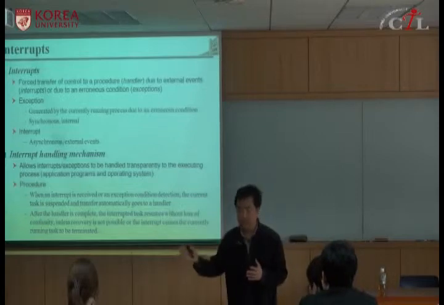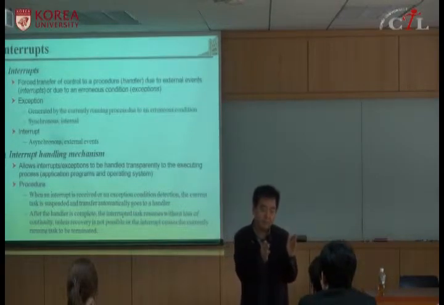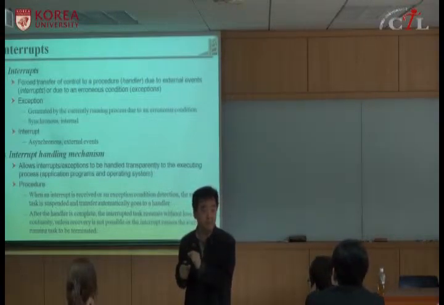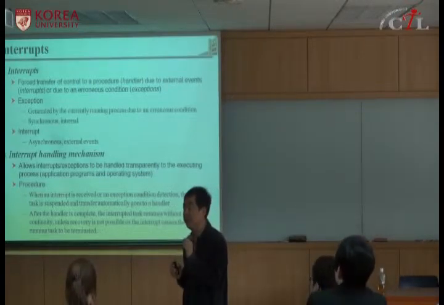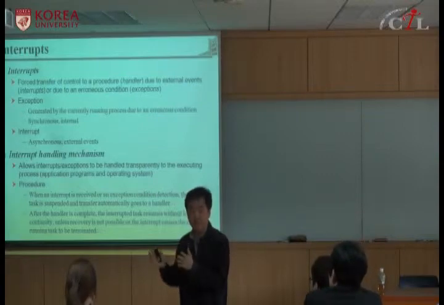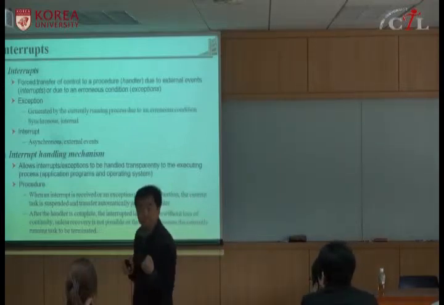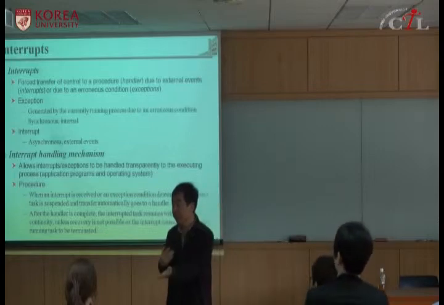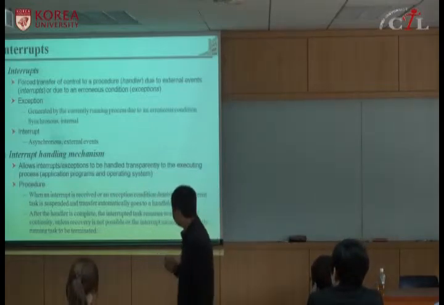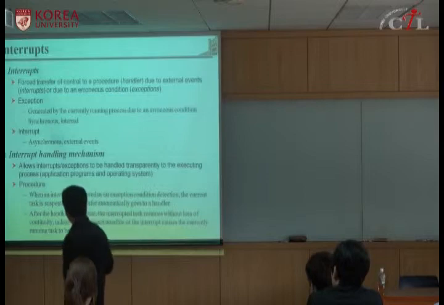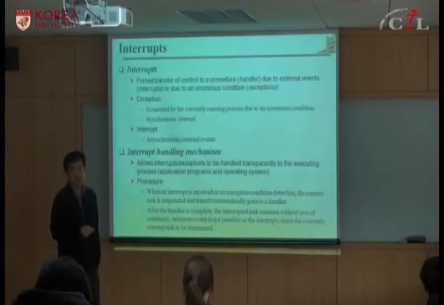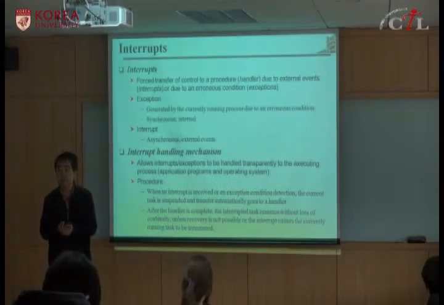For each one, there is an interrupt vector or exception vector, which means some identification number. The system knows what kind of event happened based on this. Based on the interrupt vector, they can identify the handler for that event. So they jump to the handler and start to execute it. This is the exception handler or interrupt handler.